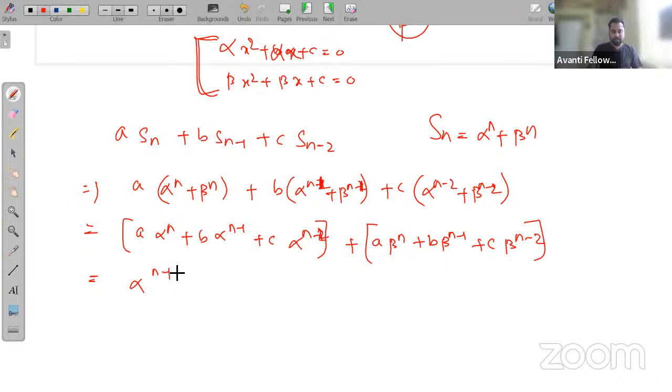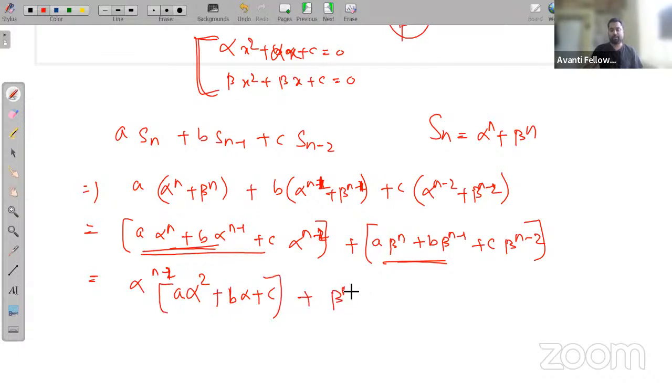If I take the smallest power from each of these brackets as common, so I take alpha to the power n minus 2 from the first bracket as common, then from alpha to the power n it will be alpha square, so it will be alpha to the power n minus 2 into A alpha square plus B alpha plus C. Similarly, here also I am taking beta to the power n minus 2 as common.